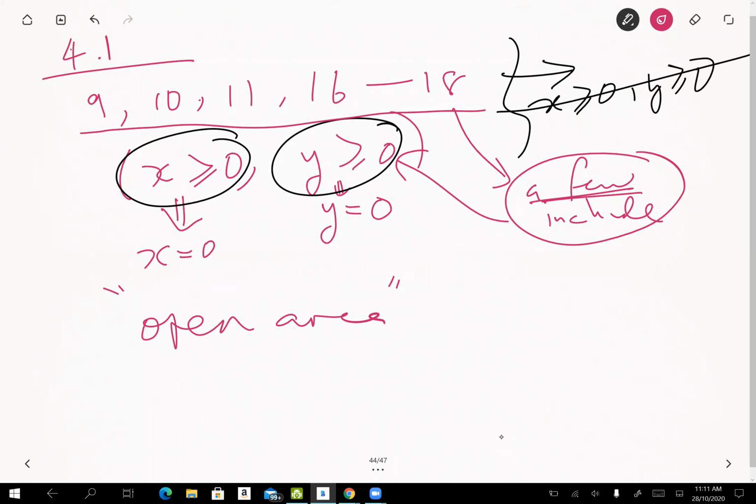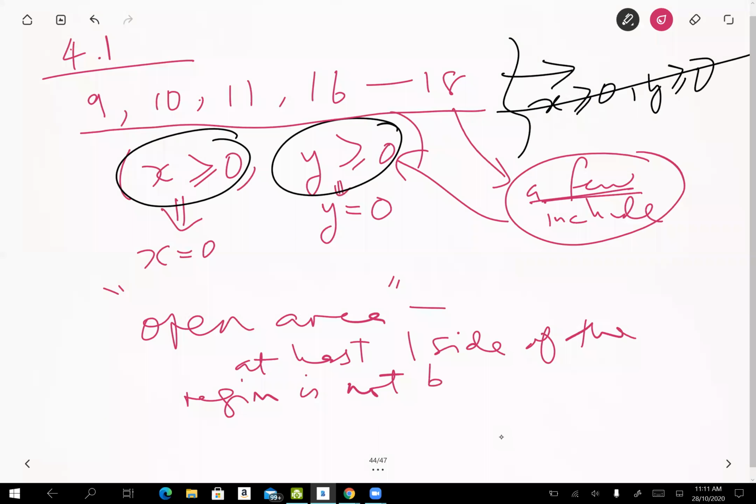Okay, the feasible region for the system that we were talking about was open area, because at least one side of the region or the area is not bounded. There is no boundary. You don't have a boundary to close everything. So it is open, all right?